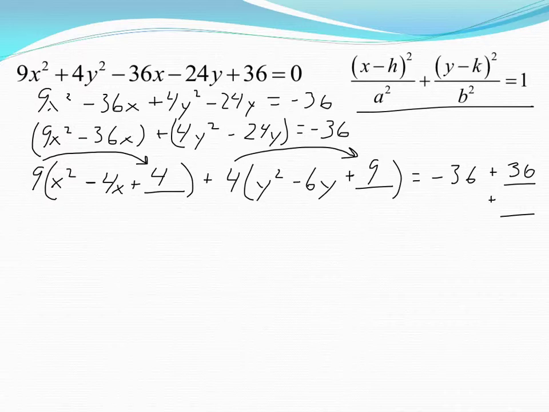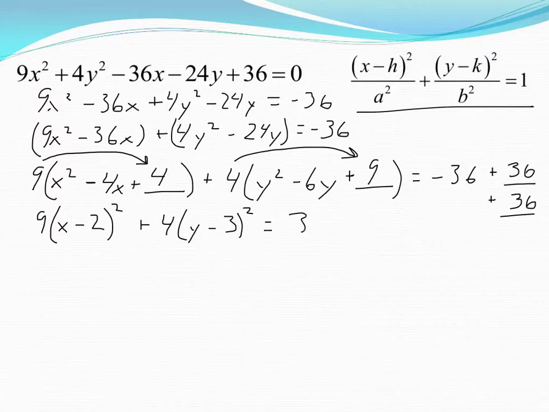So that ends up being 36 again. So we add two 36s to the right-hand side, and now let's continue to simplify by factoring. 9 times the quantity x minus 2 squared plus 4 times the quantity y minus 3 squared, and when we add up all of that on the right-hand side, we end up with 36. Nice perfect square.